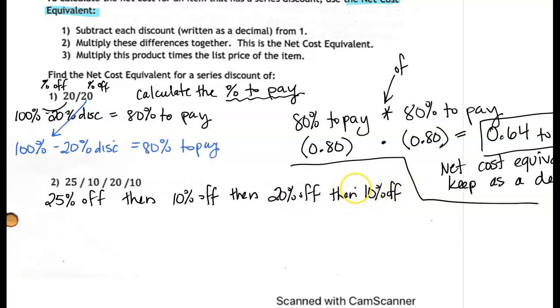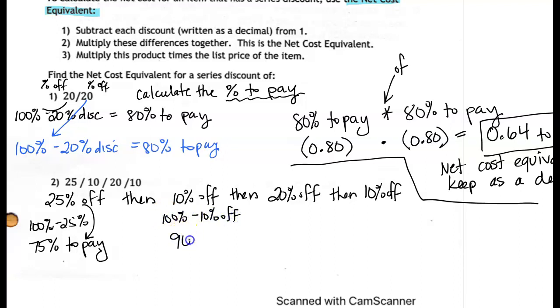But we can use our percent to pay. So 25% off means 100% minus 25%. That means 75% to pay. Okay. 10% off, I'm going to keep showing the arithmetic that we're doing here. 100% minus the 10% discount gives us 90% to pay.